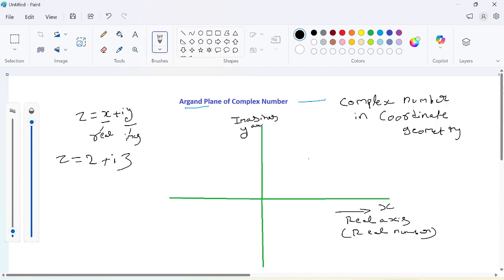Now your coordinate point P, which is your x comma y, I can write as 2 plus i3.